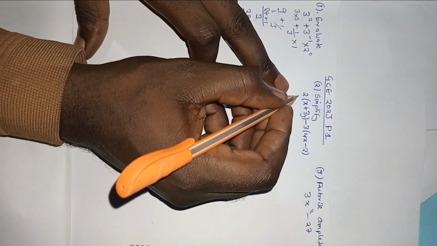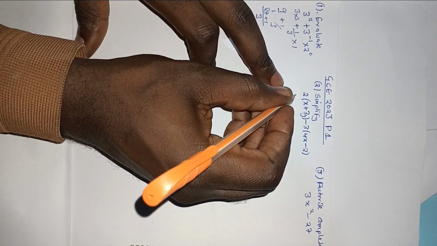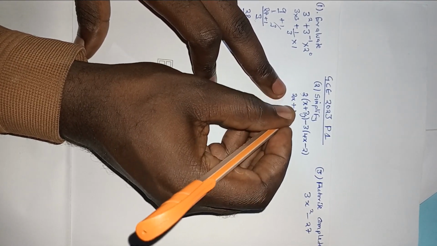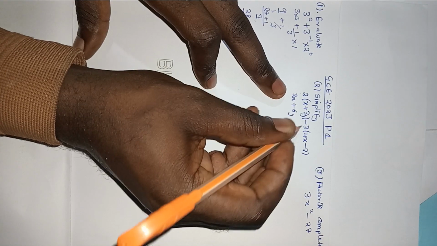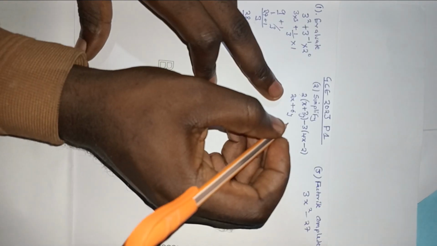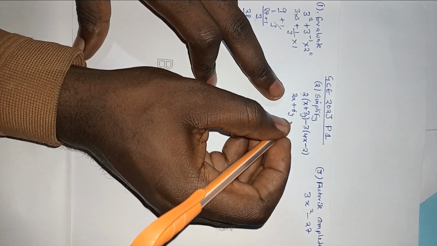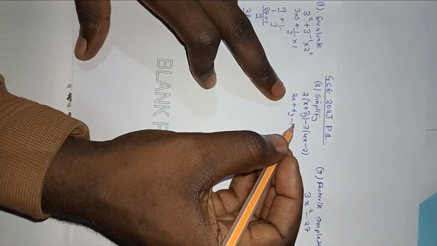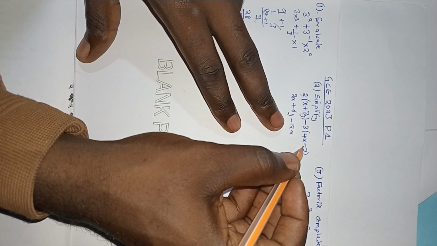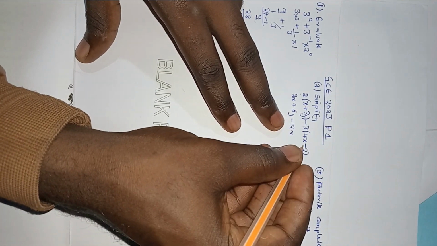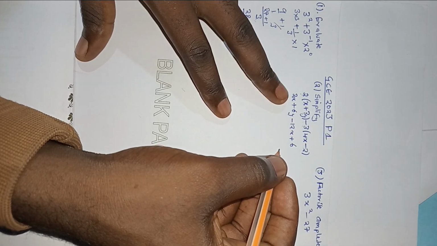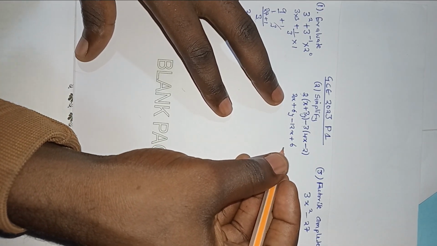So let's go. 2 by x, we get 2x. 2 by positive 3, we get positive 6y. The negative 3 by 4x, we get negative 12x. Negative 3 by negative 2, negative times negative, we get positive 6. And now we can see we have some like terms.